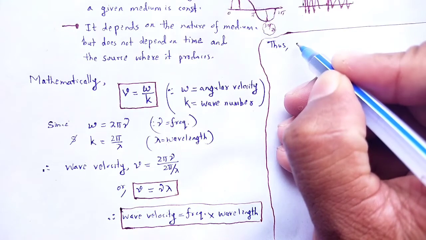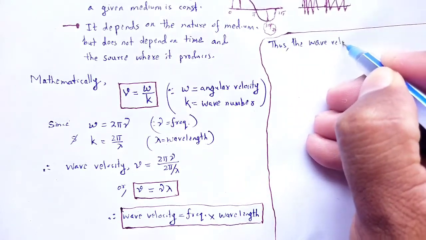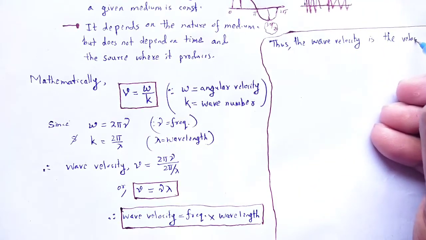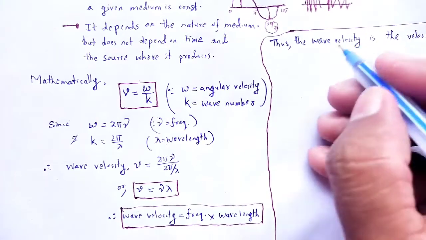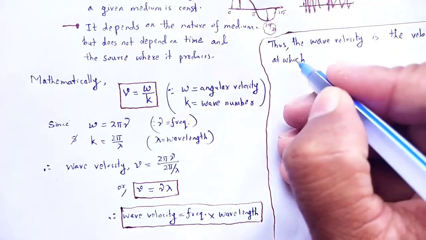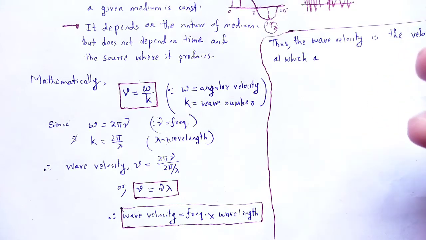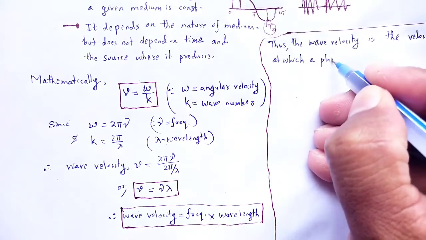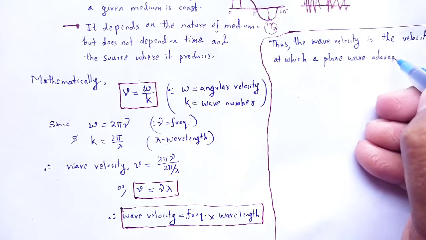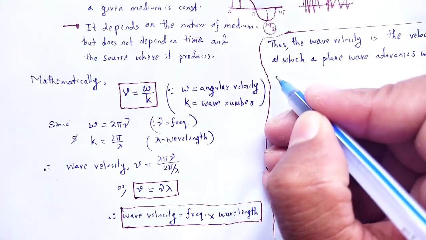Thus, the wave velocity is the velocity at which a plane progressive wave, or we can say a travelling wave, a plane wave, advances with constant phase.